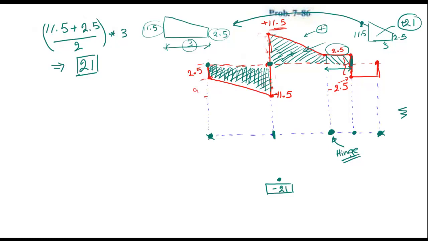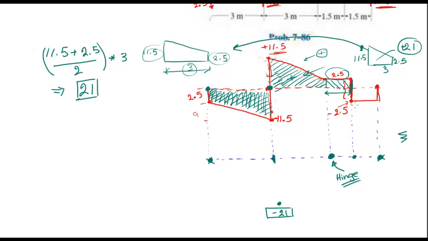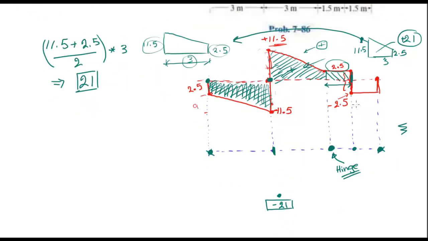Is it 2.5 by 2.5? Let me double check the question I have. No, it's 1.5. I'm sorry, it's 1.5 by 2.5. Let me grab my calculator here. So it's 1.5 times 2.5. That will give me 3.75.